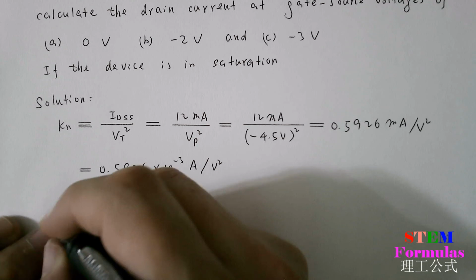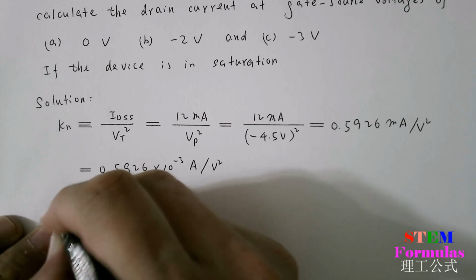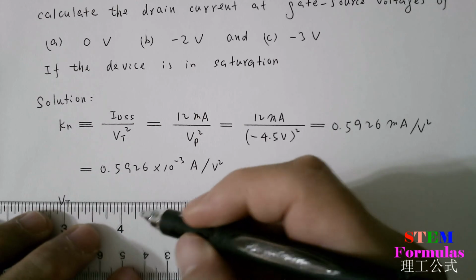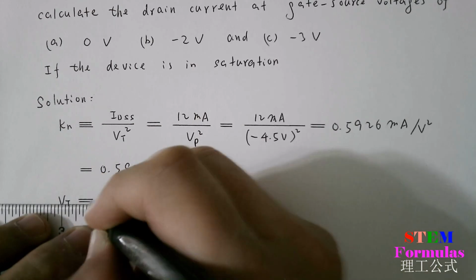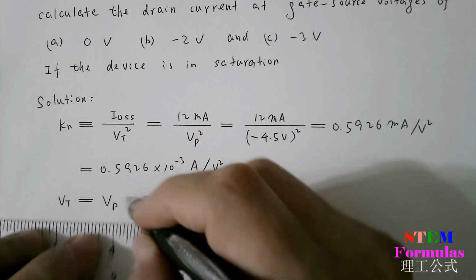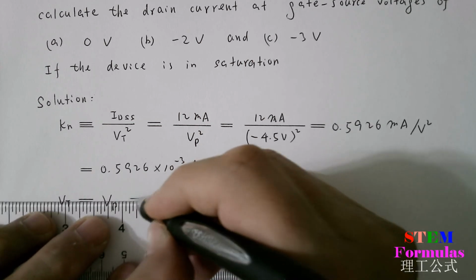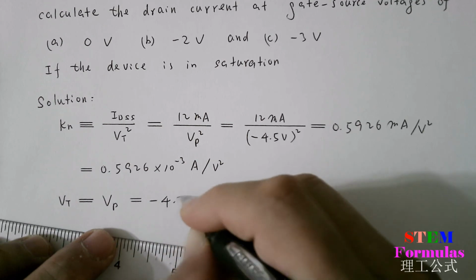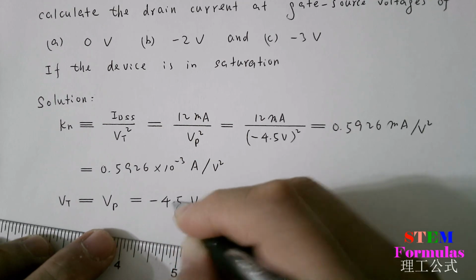Now I want to find Vt. Vt is the threshold voltage, so in this case it is equal to Vp, equal to minus 4.5 volts.